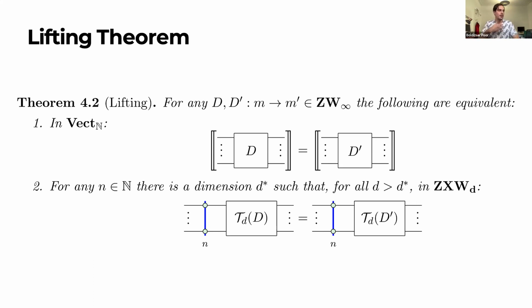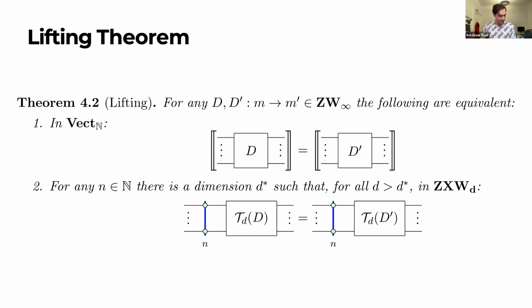So let's try it. If you have two diagrams in infinite ZW, and their interpretation is the same in the Fock space, then this is equivalent to the following.